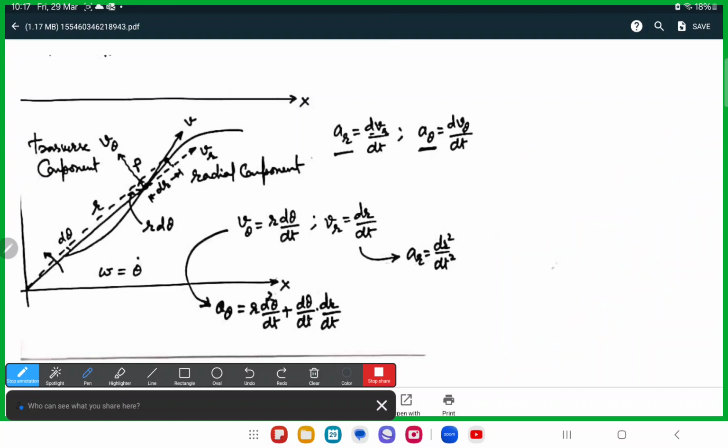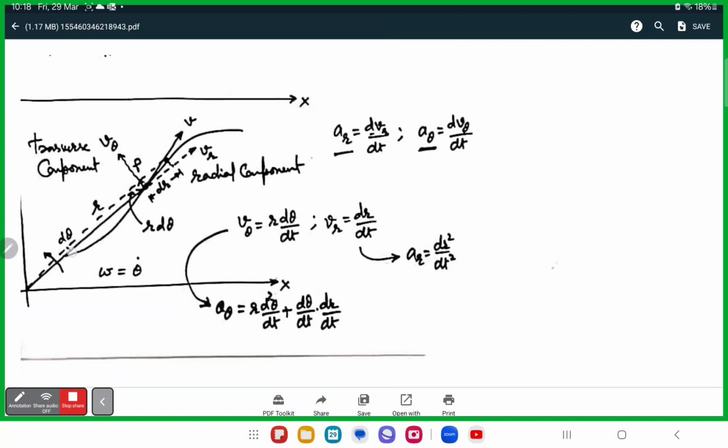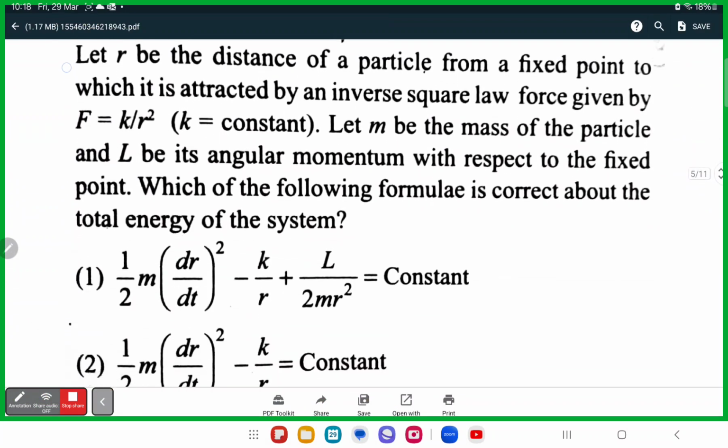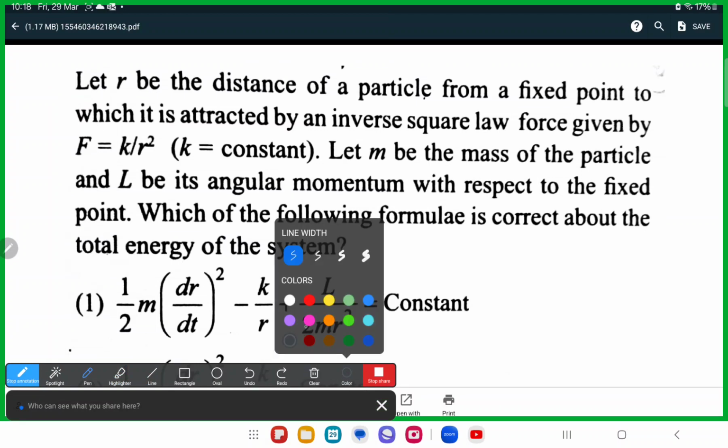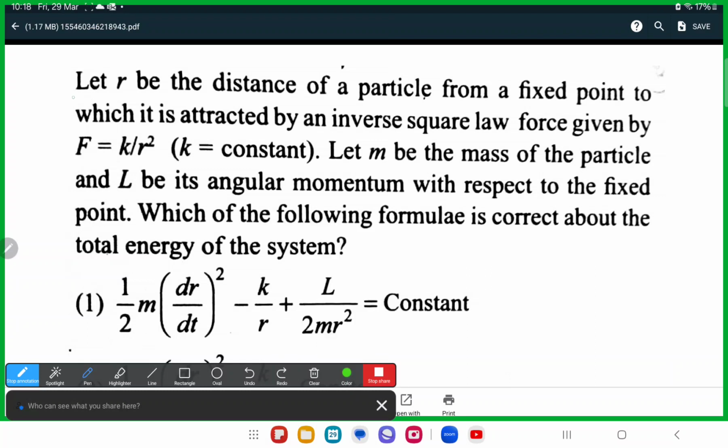So let's do the question that is based on it. Now kindly read the question properly. Here it is mentioned, let r be the distance of a particle from the fixed point. Once again the situation is the same.